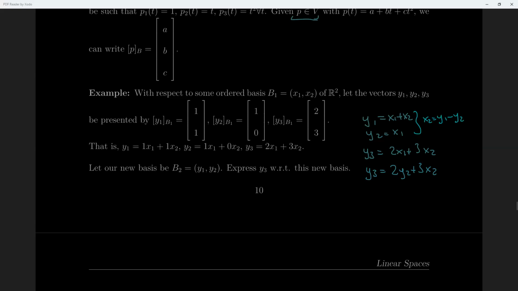Then y3 is equal to 2y2 plus 3 times (y1 minus y2), which simply gives y3 equal to 3y1 minus y2. So the representation of y3 with respect to this new ordered basis B2 is given by those coefficients: 3 and minus 1.